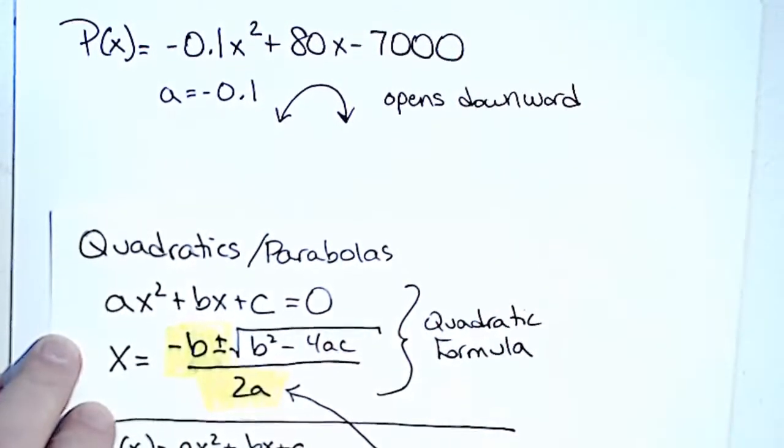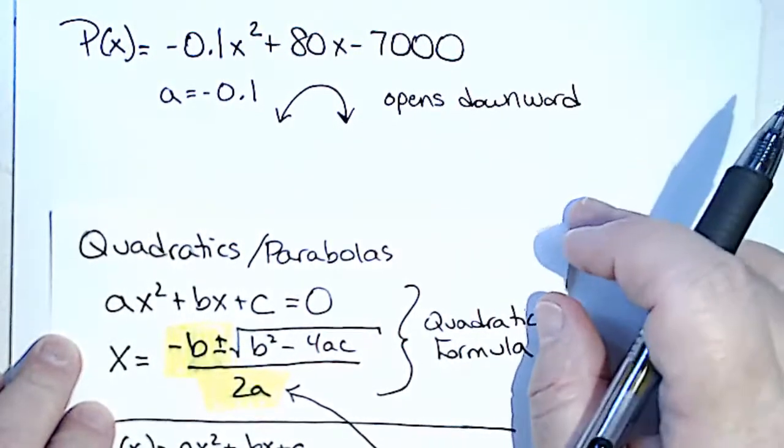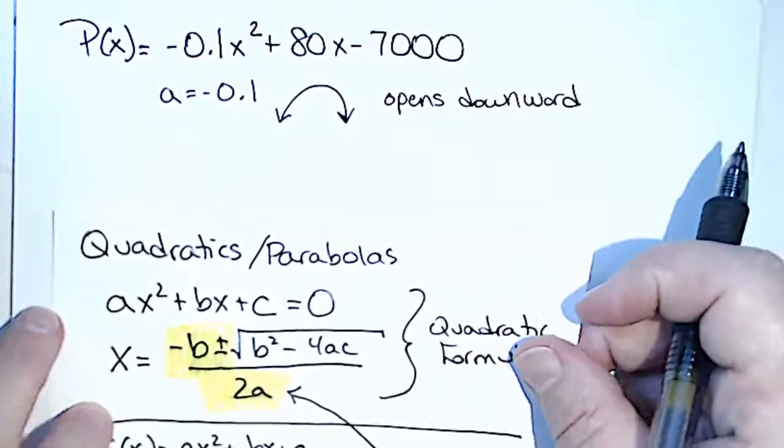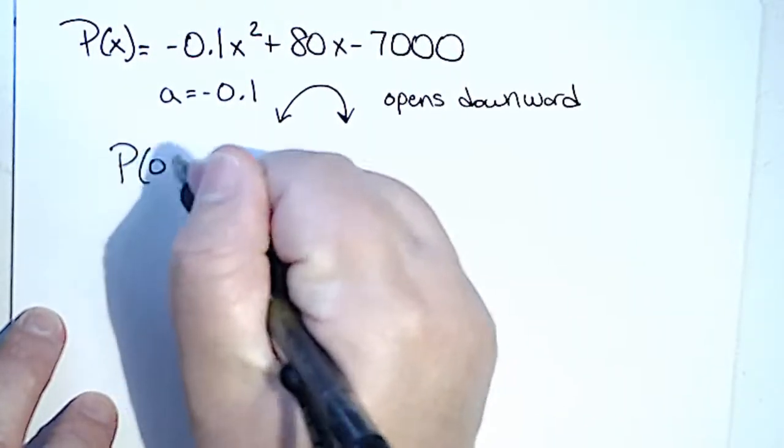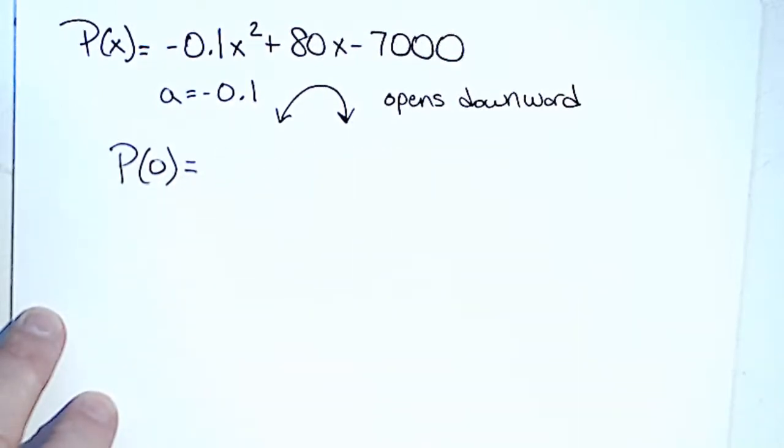Woohoo! Now, if you know you're dealing with a parabola, I'm going to encourage you to graph using 4 or 5 points. The process I have for my points is I start with the easiest one first. I just plug in 0.